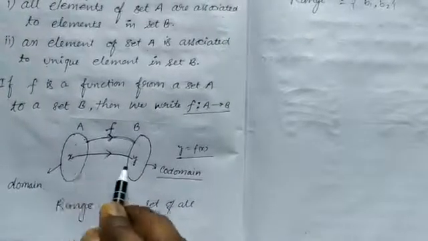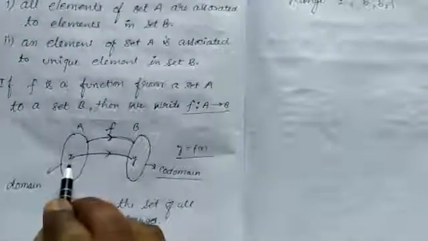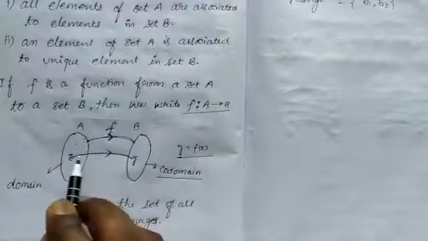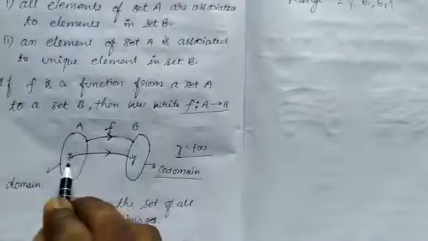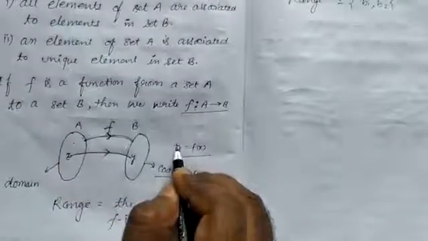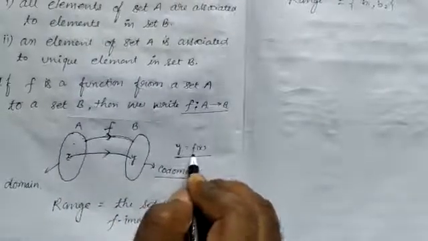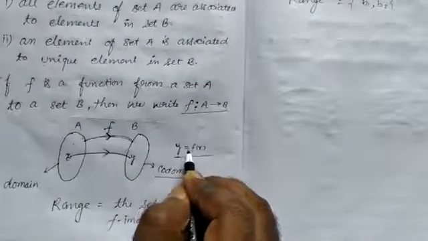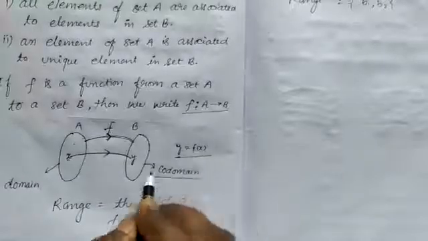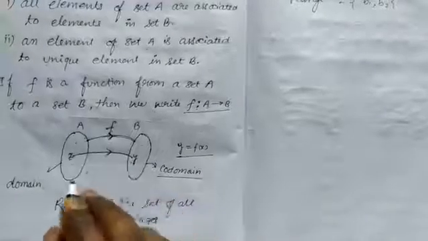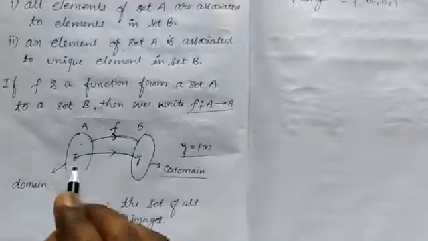It means y is a function of x. In short, you can write y is a function of x, meaning y equals f(x). Here y will be the image of x and x will be the pre-image of y.